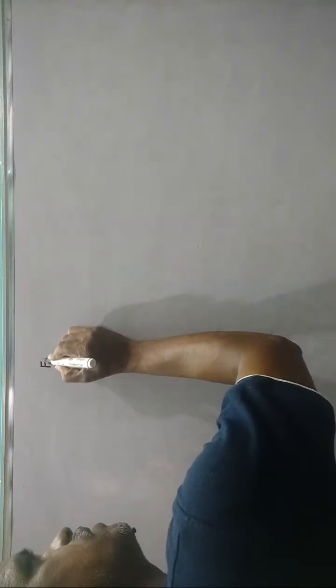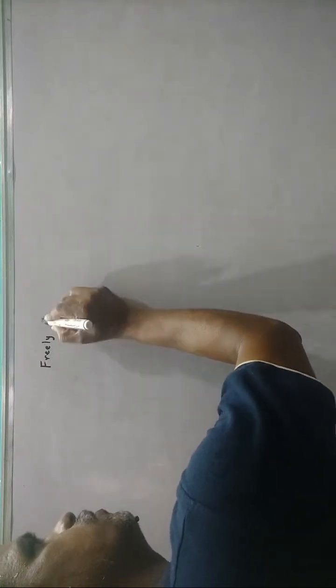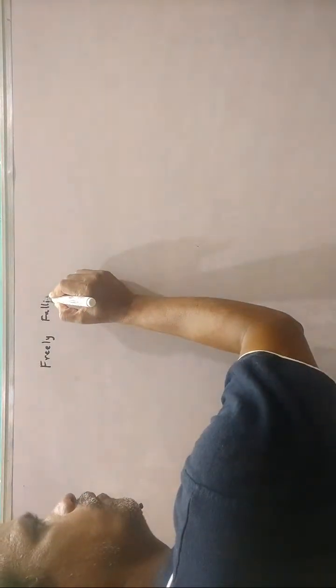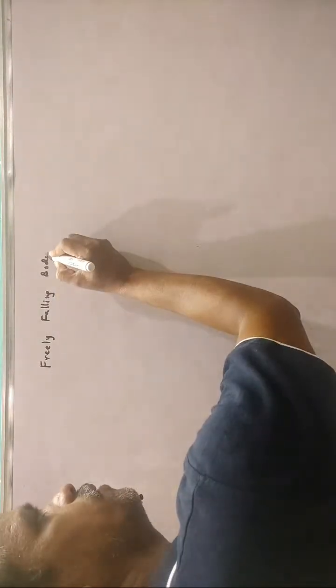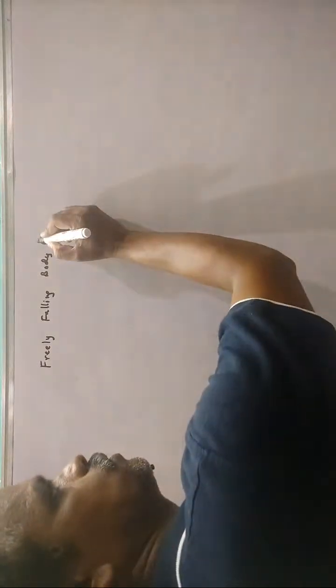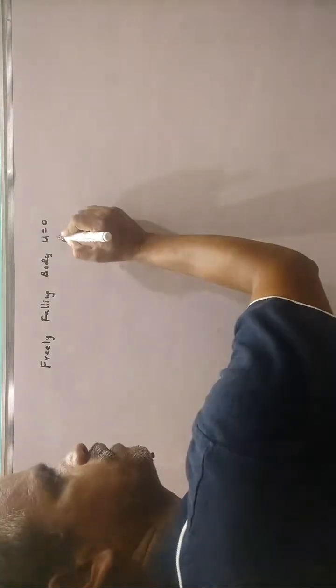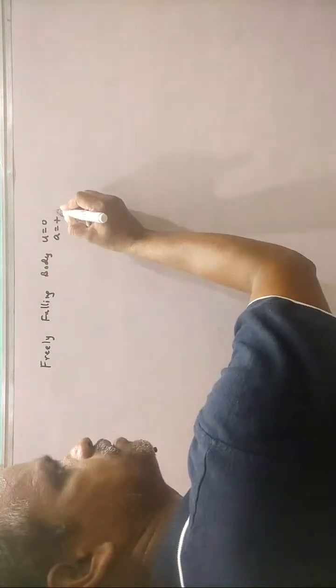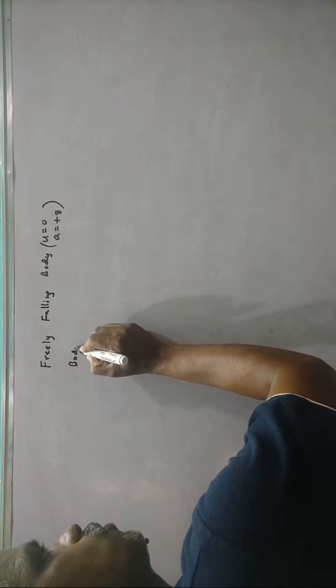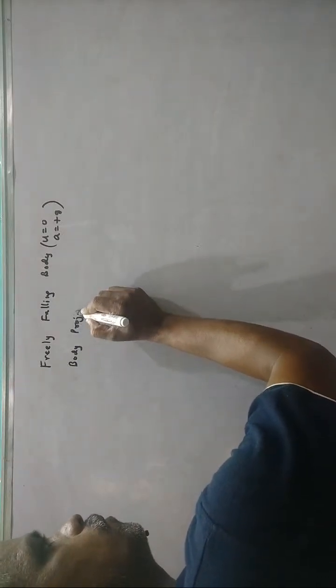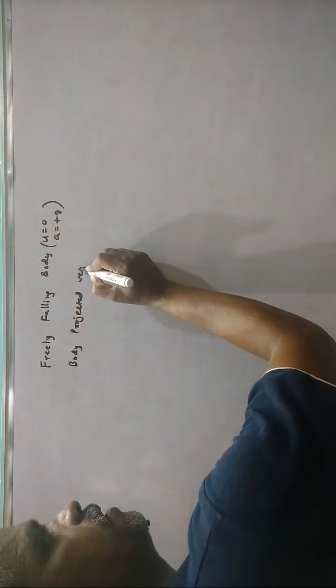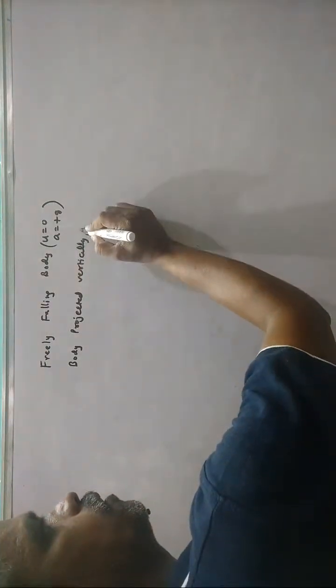Next. Up to now I discussed in kinematics the freely falling body. For this condition u equal to 0, a equal to plus g. One concept, body projected vertically up.